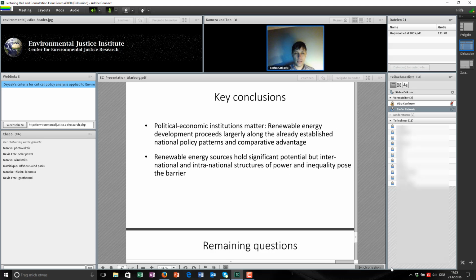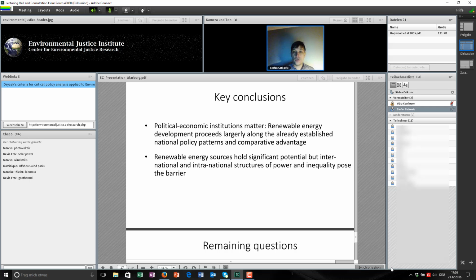So these are very brief findings of our studies, and just two key conclusions, basically repeating the two main arguments. What we were able to show in these two papers is that political economic institutions matter, and that renewable energy development proceeds largely along already established national policy patterns and comparative advantage.